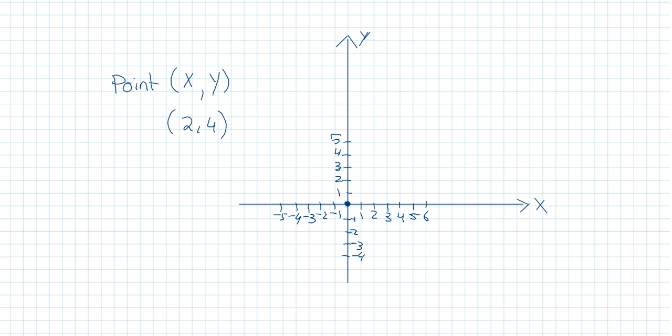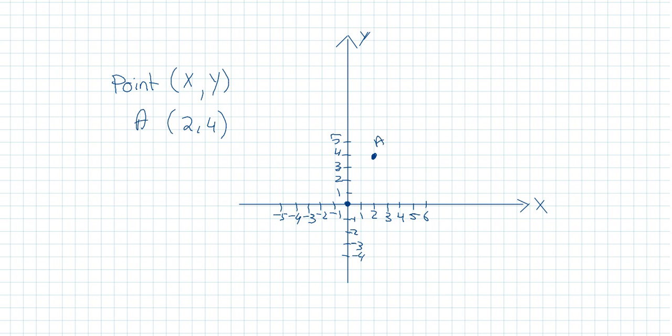So 2 on the x is right here, and I have to go up 4. So that's all the way to the 4, and this is where I would place my point. Okay? I'm going to call this point A. Do we remember that? Okay? So 2 on the x, 4 on the y, and this is where my point is.